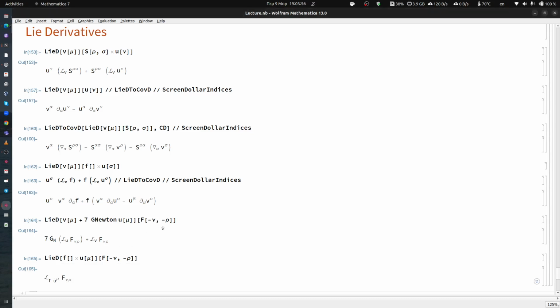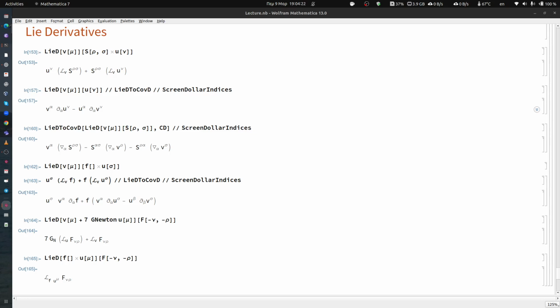So you know the Lie derivative is closely related to the Lie bracket of two vector fields. And in fact, we saw that here, where we obtained the expression that gives the components of the Lie bracket of two vectors in a coordinate basis.